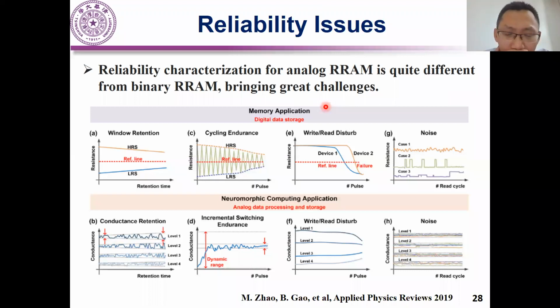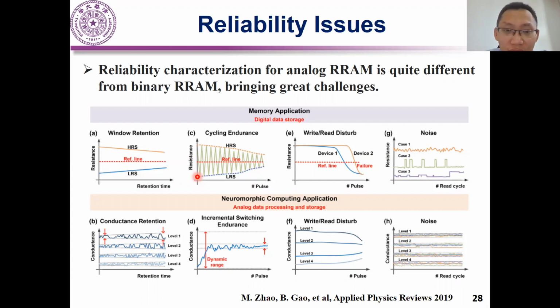So the second question, to my understanding, is how to improve the reliability of analog RRAM. Here, we can first talk about the endurance. For the endurance, we mainly focus on training, because in training we need to change the conductance time by time.